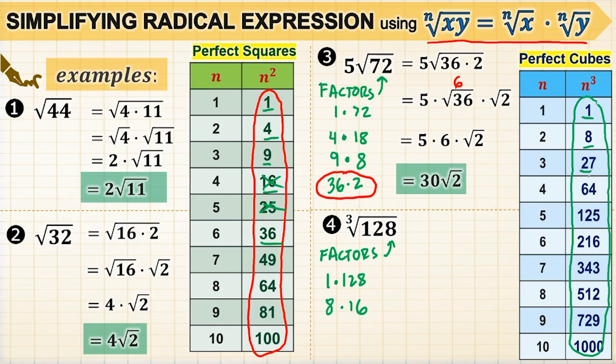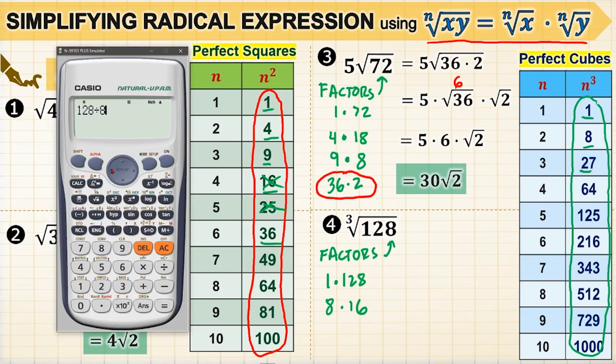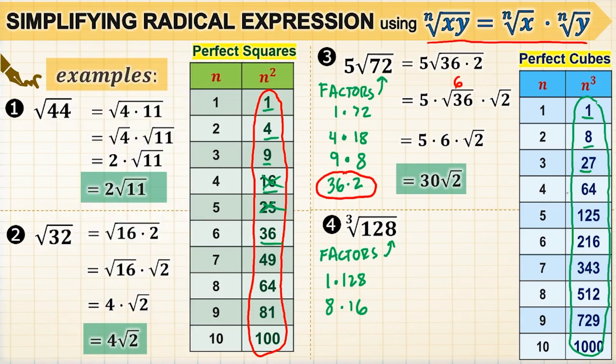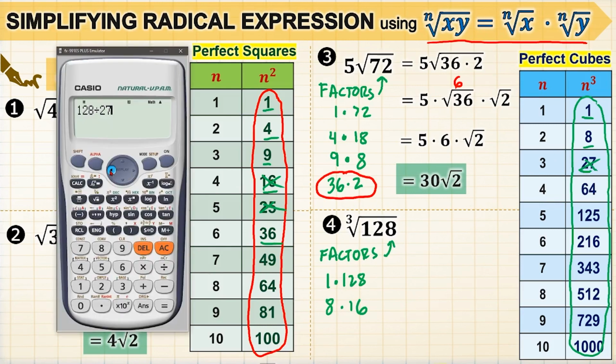Next, try natin. Pwede kaya siya kay 27? Check natin. So, let's divide 128 by 27. So, 128 divided by 27, as you can see, fraction or decimal yung lalabas. So, 27, hindi pwede. 64 kaya pwede? Tingnan natin. Ayan, 64. Okay, so it's going to be equal to 2.